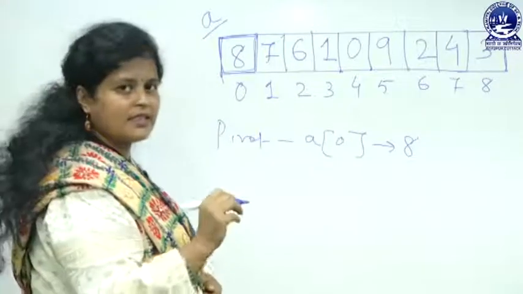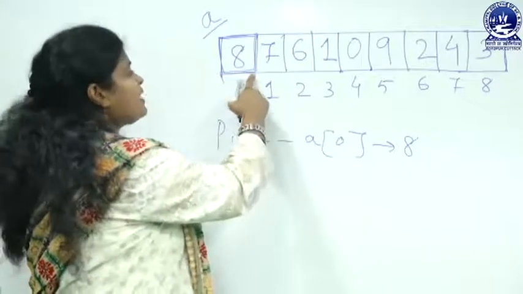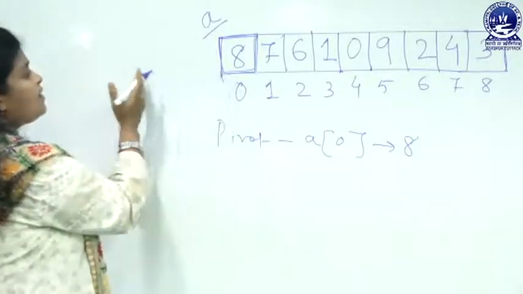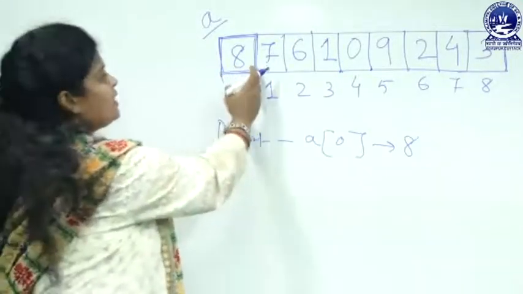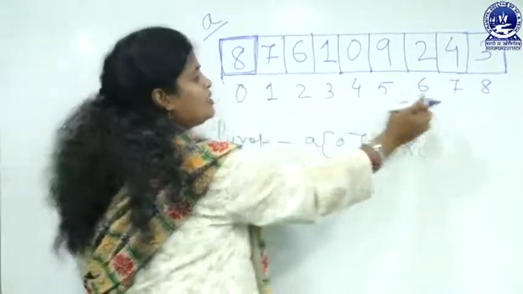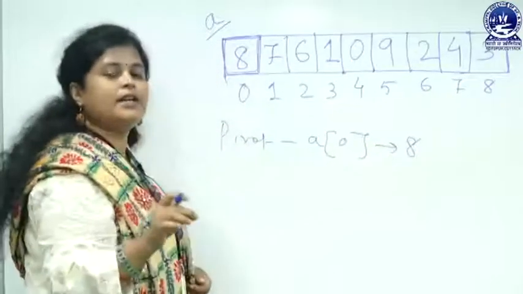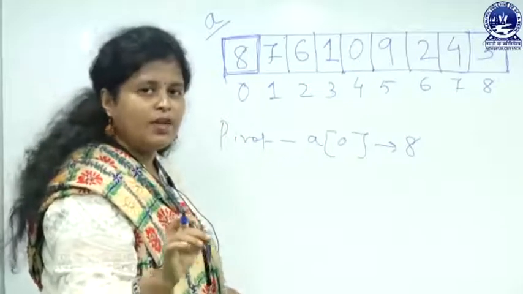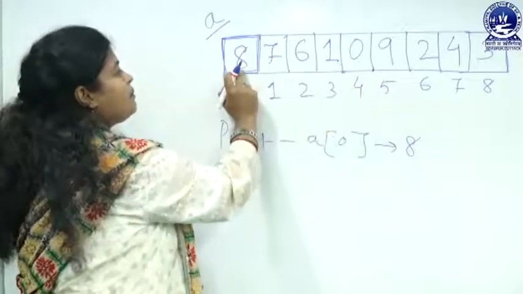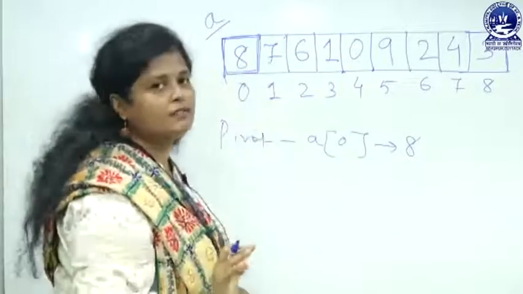According to the Quicksort concept, here we do not have two lists because there is no element on the left side; all the elements are on the right side. So the list runs from this location to this location, and according to the algorithm rule of Quicksort, all the elements on the right side of the pivot must be greater than the pivot.